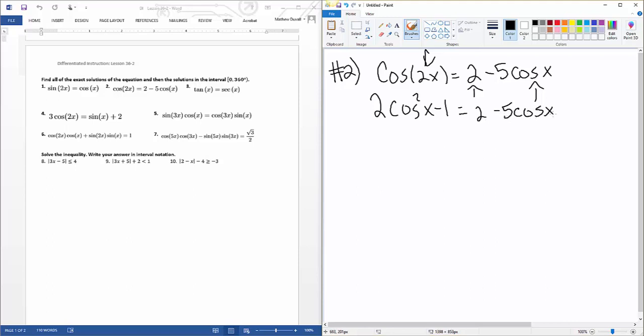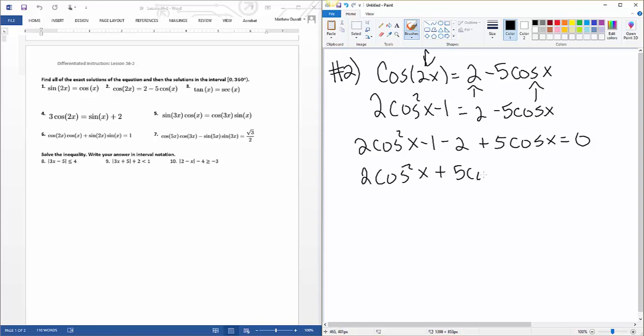Now I can bring everything to one side. Combine like terms. Now I know this is kind of hard to visualize, but the cosine squareds, what if I replace that with, let's say, u?